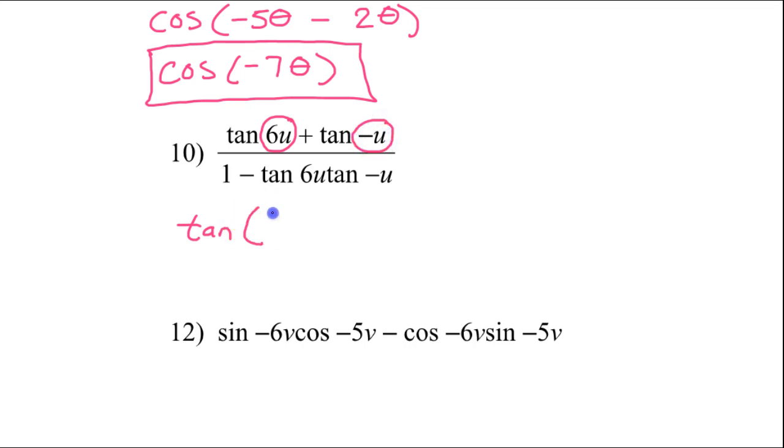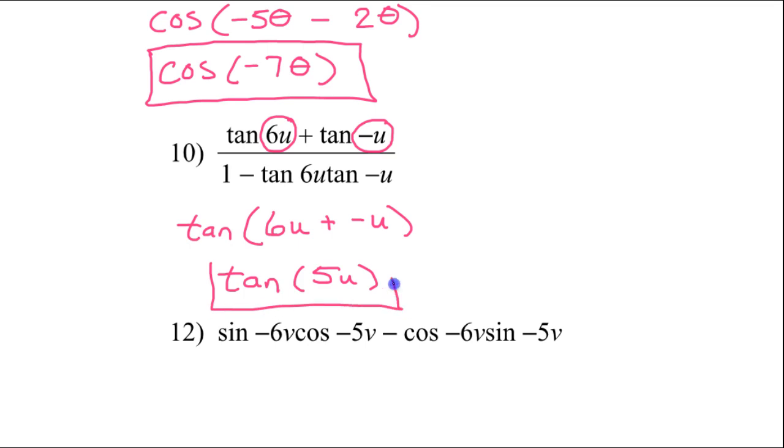So it'll be tangent of 6u plus negative u. And these are like terms, so this will simplify further as the tangent of 5u. Alright, and that's it for number 10, simplified.